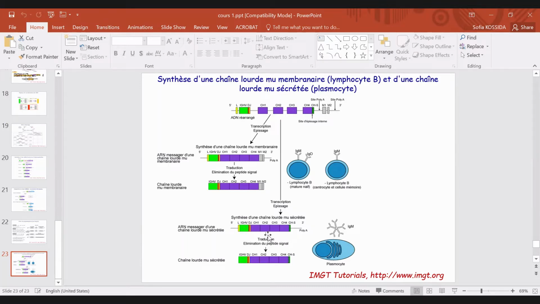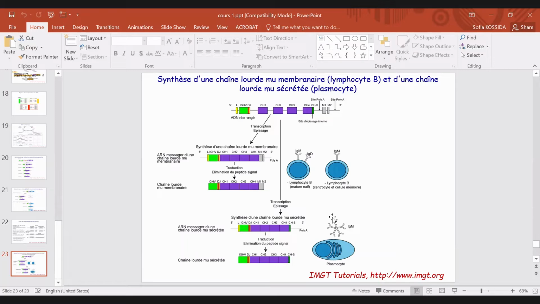There will be the translation. The leader peptide will be excised. This signal here will be kept. The constant heavy secreted. And at the end of the day, we'll have the generation of a pentamer, 5 mu chains in a secreted form.